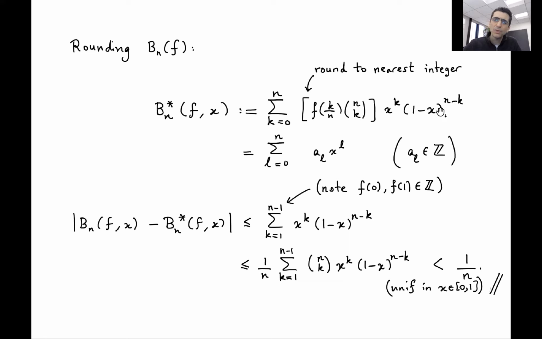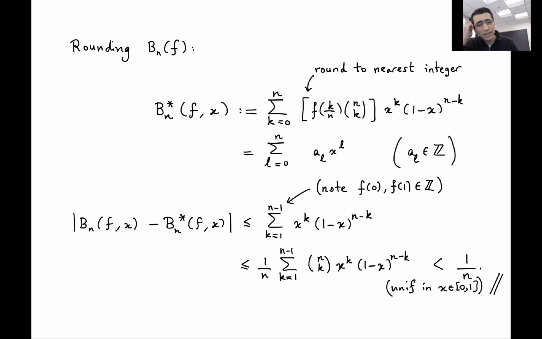Well, this polynomial here is already a polynomial with integer coefficients, that is immediate. So the combination as a result is a polynomial of degree at most n with integer coefficients. So you do satisfy the constraint.